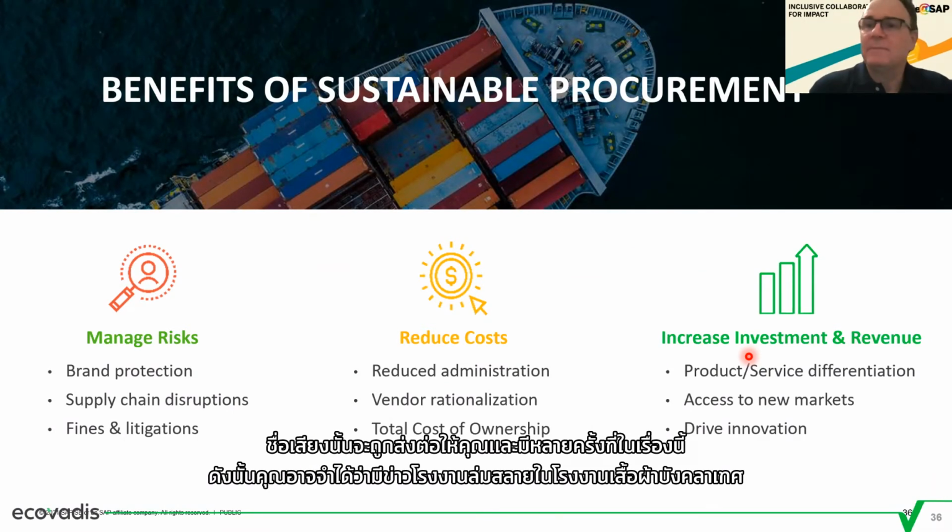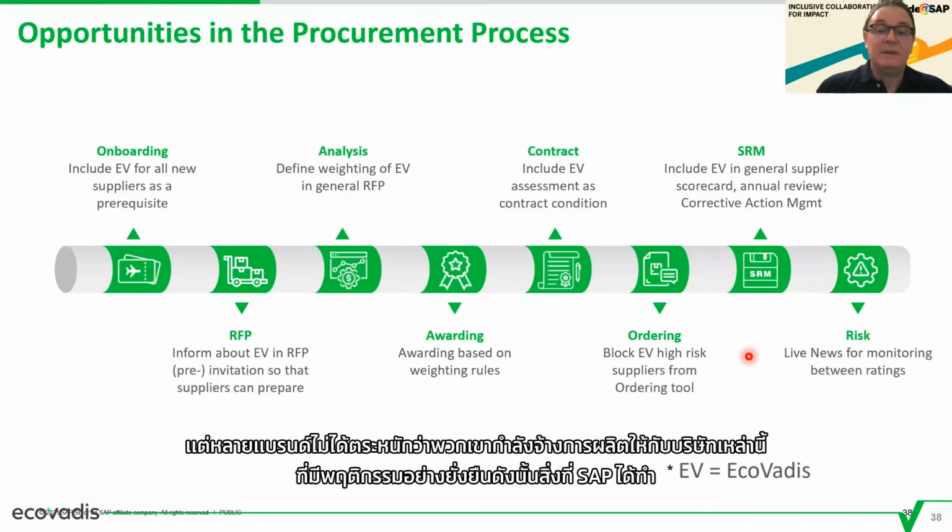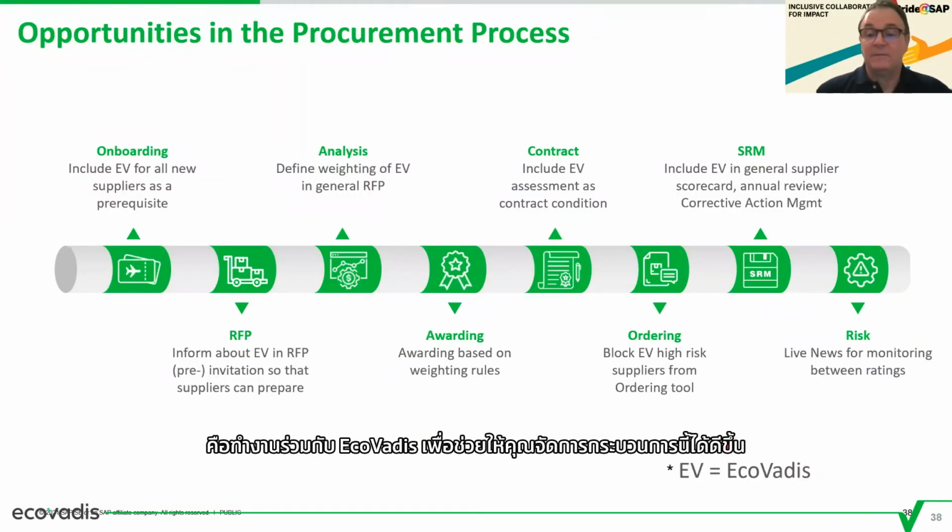You might remember there was a factory collapse in a Bangladesh clothing factory. What many brands didn't realize is that they were outsourcing supply production to companies that weren't behaving in a sustainable manner. So what SAP has done is worked with EcoVadis to actually help you to better manage this process.